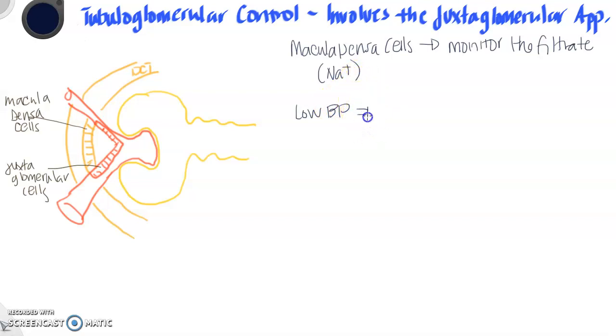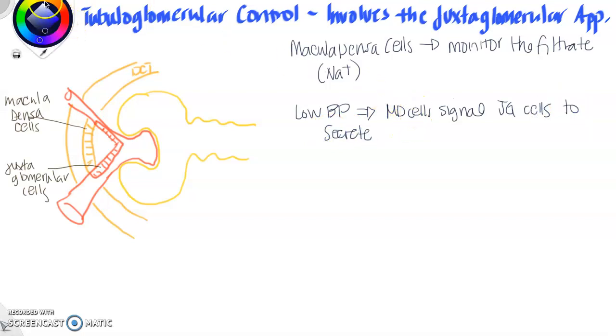So when low blood pressure is sensed by the macula densa cells, then they signal the juxtaglomerular cells to secrete something called renin.